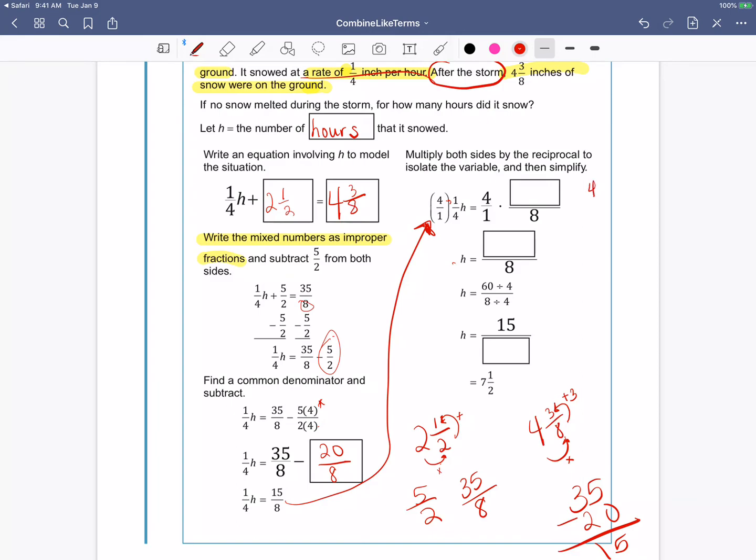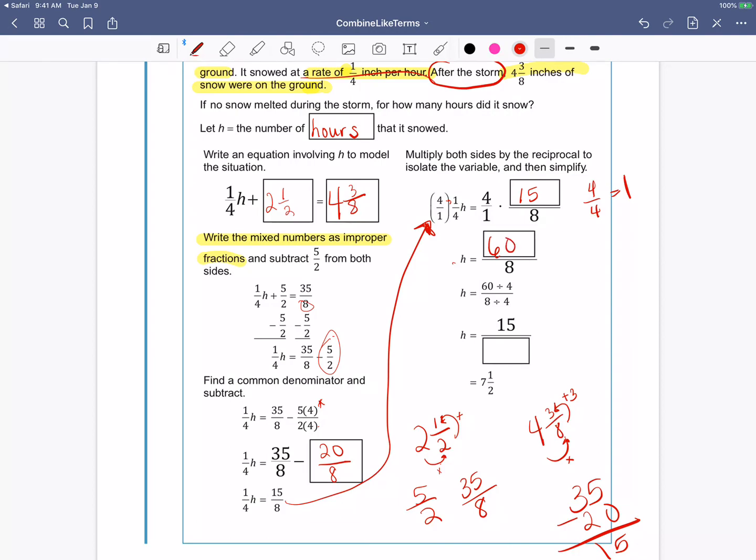That's going to give me 4 over 4, which again is just 1. So I have what? On the other side of the equal sign, I have 4 over 1 times 15/8. I can go ahead and do this work. That's going to give me 4 times 15 is going to be 60.